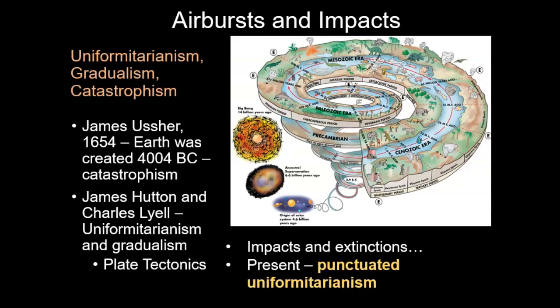So in 1654, Archbishop Usher of the Anglican Church of Ireland proclaimed that the Earth was created 4,004 years before Christ, which makes the Earth, if that was to be the case, approximately 6,000 years old. So this was the dogma at the time. This is what they believed.